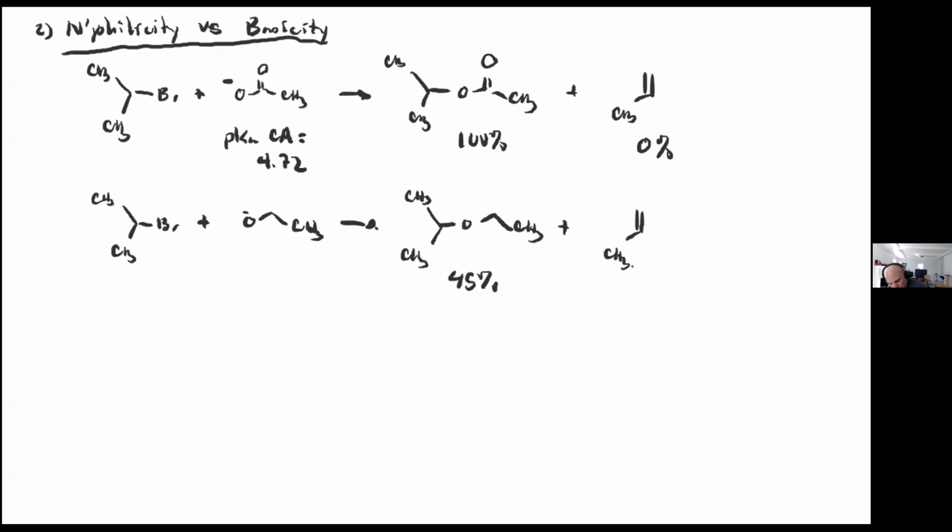And then the elimination product is actually slightly favored at 55%. Okay. And the pKa here of the conjugate acid, which would be ethanol, is about 17. Okay.